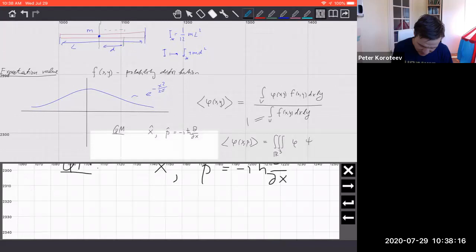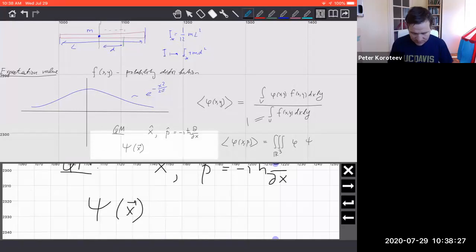The wave function in quantum mechanics is the probability distribution. So you take the shape of the wave function, say in the hydrogen atom.